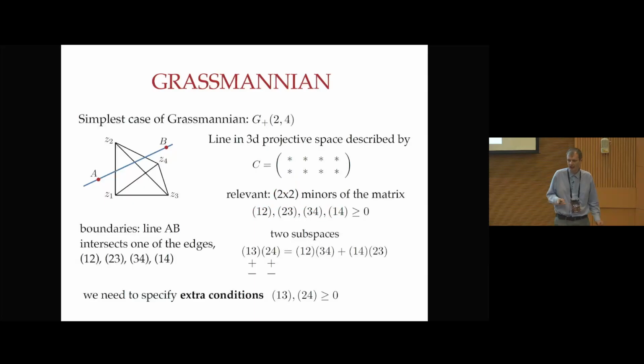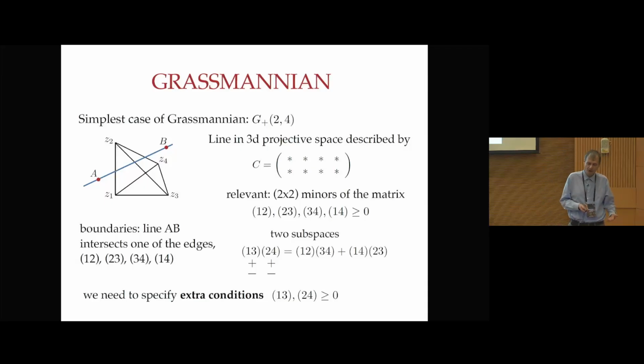So, like the boundary of the triangle is just these 3 lines which define it, here the boundary of the Grassmannian is when minors of this matrix are 0. However, if you just do the same as we did for the triangle or the polygon and say that these minors have to be positive, or bigger or equal to 0, to define the space, this is not enough.